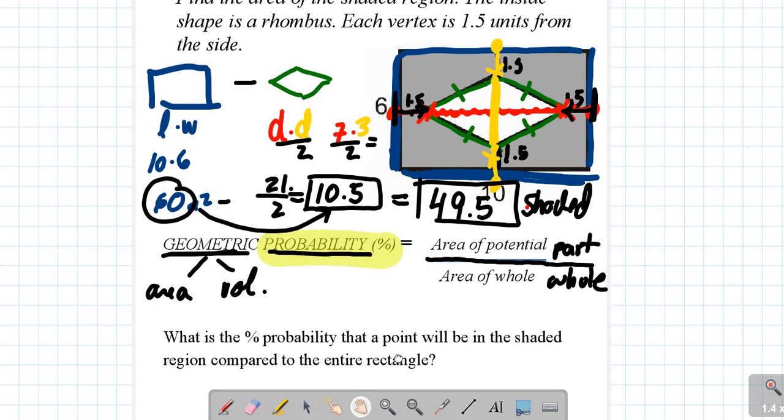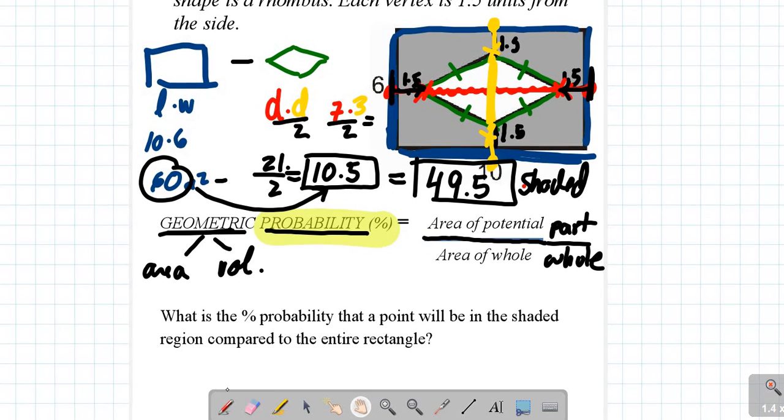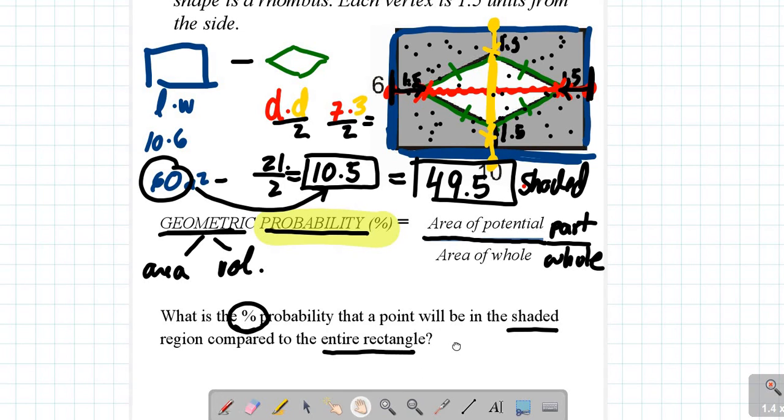Okay, so we have a question here. I'd like you, right now, and I should hear a bunch of tapping, to just randomly tap a bunch of dots here. No, with your pencils, folks. Okay, see? Right there. Now what this question is asking: what is the percent probability that a point will be in the shaded region compared to the entire rectangle?